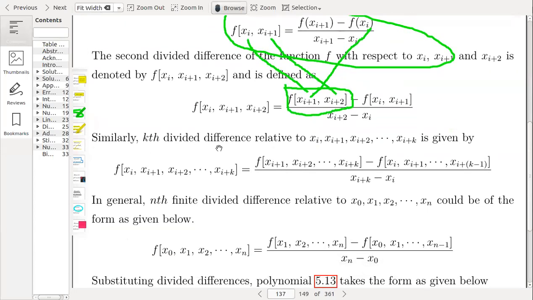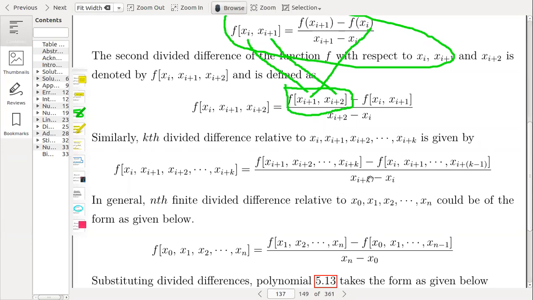Similarly, the kth divided difference relative to the k+1 points xi, xi+1, up to xi+k, is given by f[xi, xi+1, ..., xi+k] equal to f[xi+1, ..., xi+k] minus f[xi, ..., xi+k-1], over xi+k minus xi.